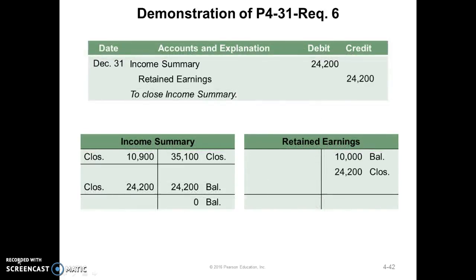We're going to take that 24,200 balance, and we're now going to close the income summary to retained earnings. So that's how we take it from the income statement, because we're zeroing out the income statement and bringing it to retained earnings.